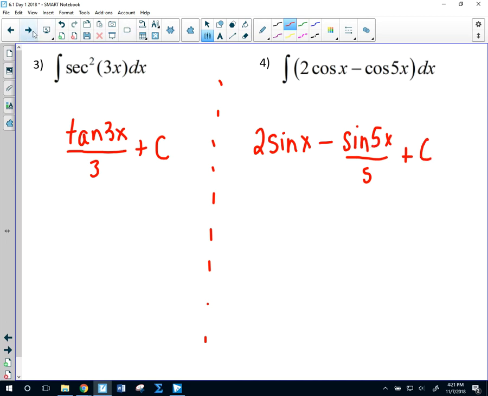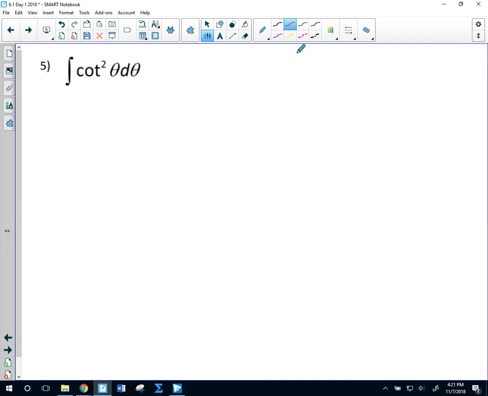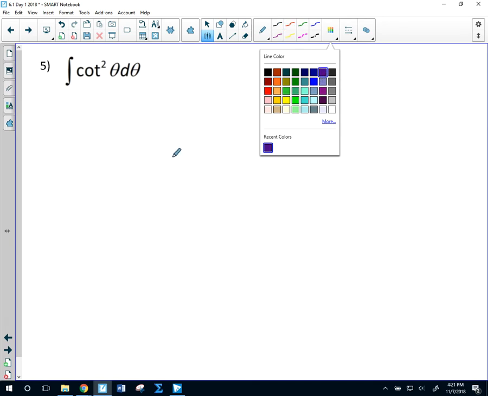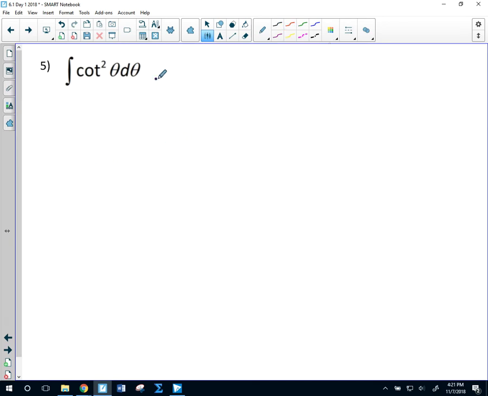All right, moving on. So number 5, we're going to have to do a little bit of trig work on this problem. So I'm going to first rewrite this as the integral of cosine squared theta over sine squared theta. And remember, theta is just another variable. Don't let it freak you out.